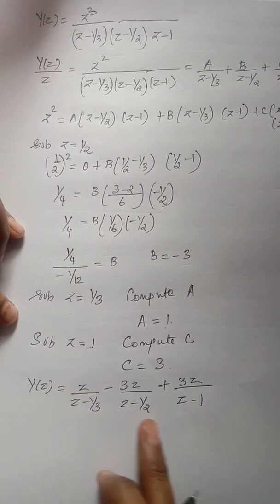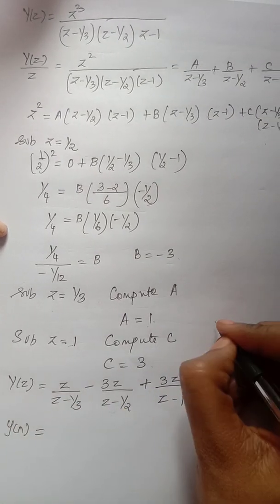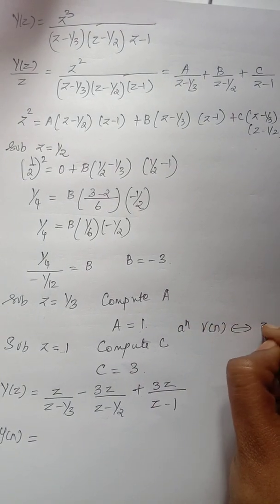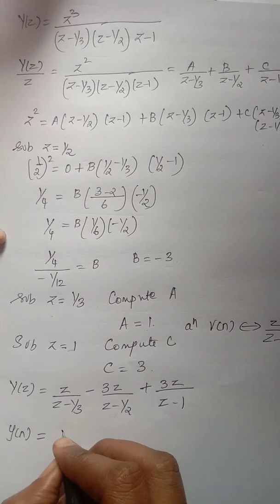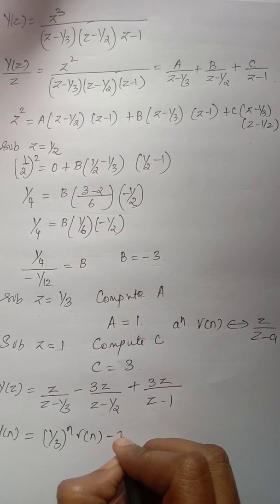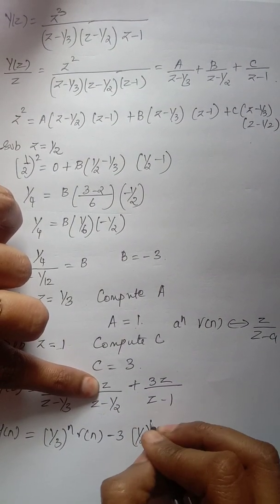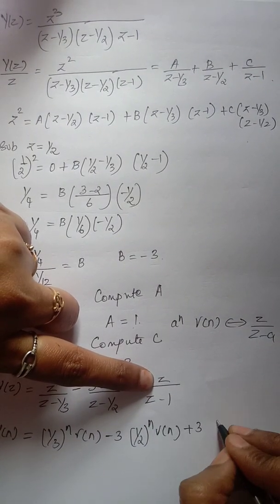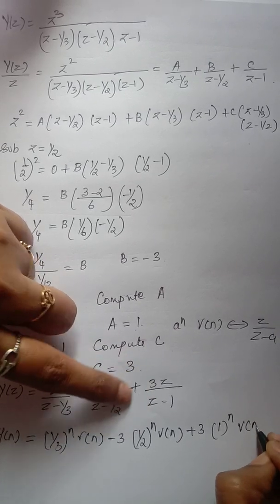So now this is your y of z. Applying the inverse z transform, a power n u of n is z by z minus a. Here a is 1 by 3, so we get 1 by 3 the whole power n into u of n, minus 3 times 1 by 2 the whole power n into u of n, plus 3 z by z minus 1, where a is 1, so 1 power n into u of n.